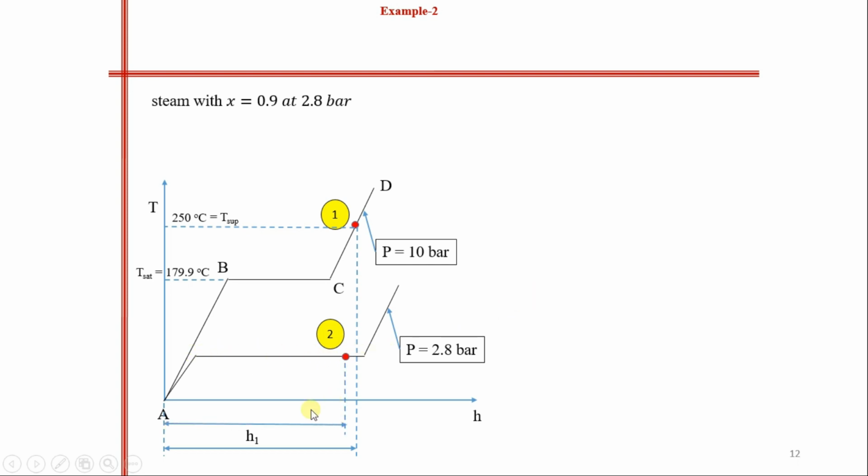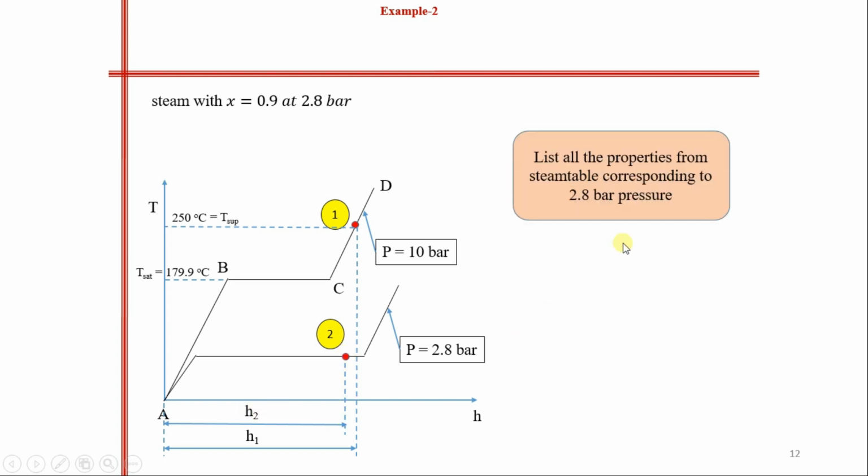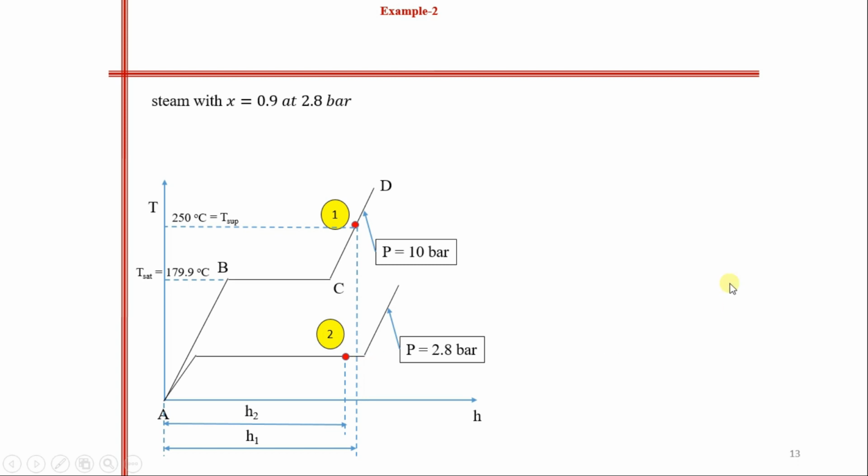Now we want to find the enthalpy and internal energy of point 2. First we will find the enthalpy of point 2. First of all, list all the properties from the steam table corresponding to 2.8 bar pressure. At 2.8 bar pressure, Hf is 551.4 kilojoule per kg, Hfg is 2170.1 kilojoule per kg, Vf, the specific volume of fluid, is 0.001071, and Vg, the specific volume at this point, is 0.646 meter cube per kg.